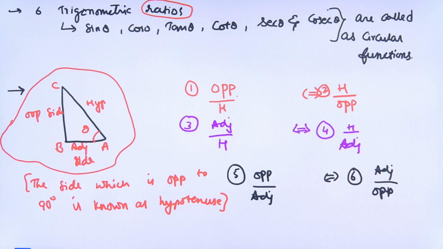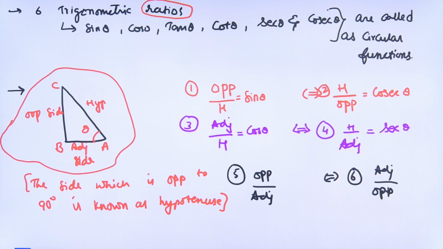That's why we have six trigonometric ratios. Now, this is called sine theta, and the reciprocal of sine theta is nothing but cosecant theta. And this is called cos theta, and the reciprocal of cos theta is nothing but secant theta. In short, we'll write like this as shown on the screen.